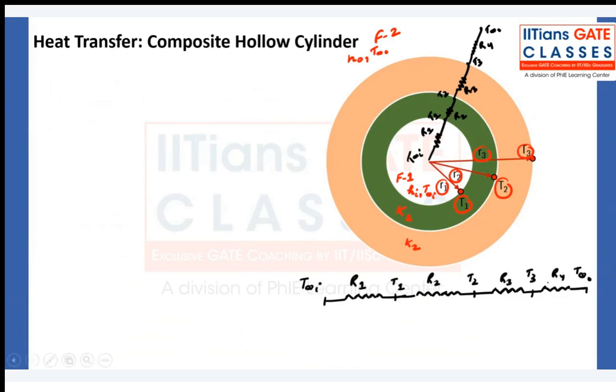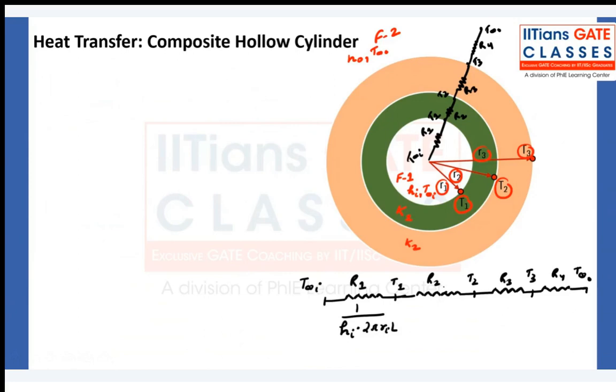Now, what is the resistance R1? Convection resistance: 1 upon h inside times area. Area is 2 pi Ri L, inside radius we will take. Then what is R2?